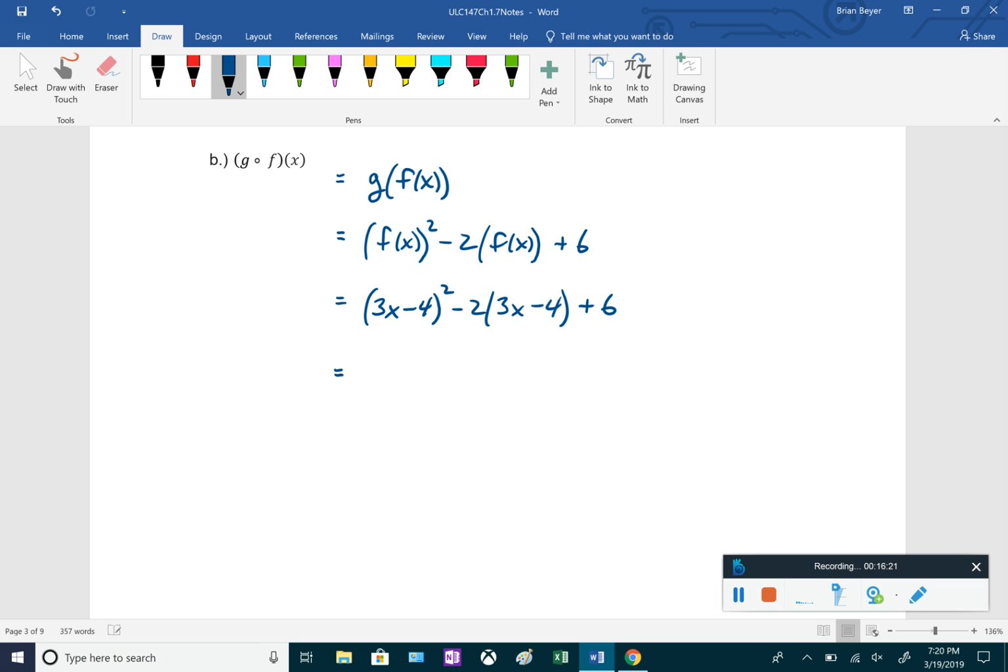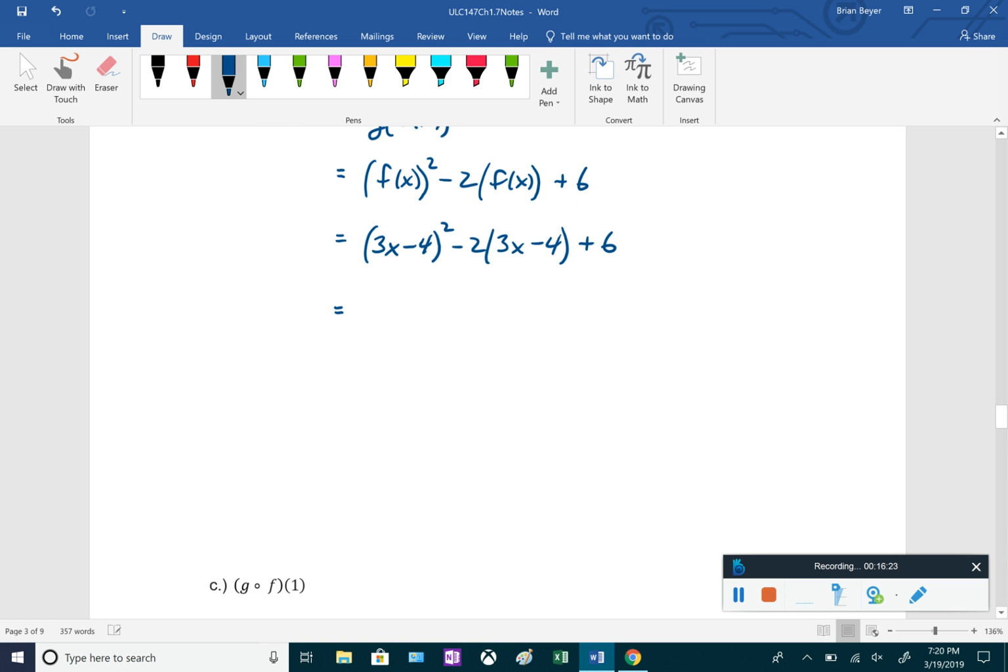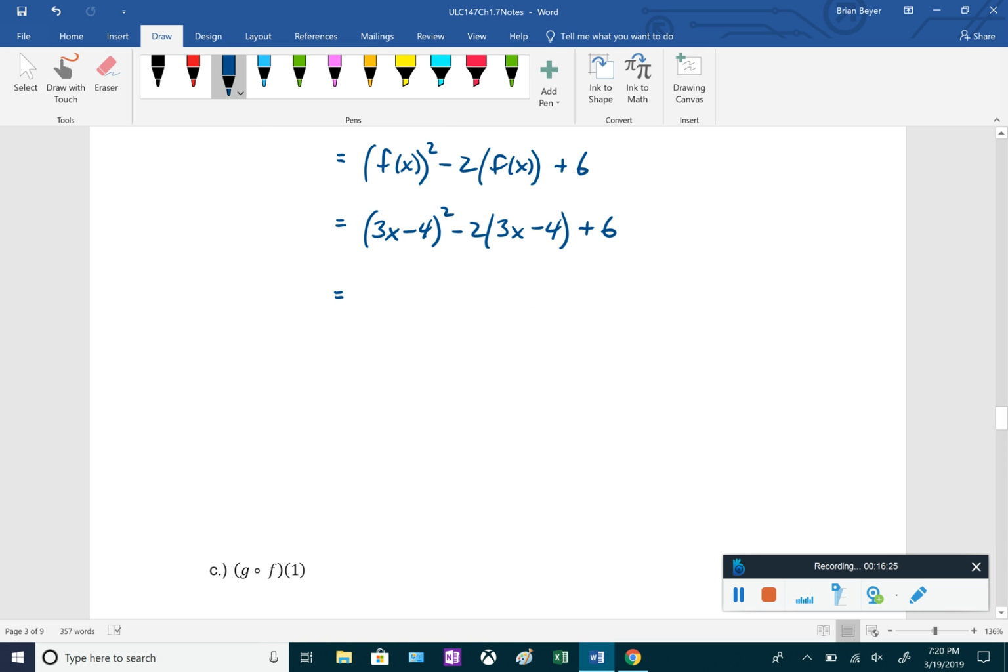So we have to simplify this. So 3x minus 4 squared, you would have to FOIL that on the side. 3x minus 4 times 3x minus 4. That's going to give us 9x squared minus 24x plus 16. I'm just going to show where that one came from. So that all comes from that. And then distribute that negative 2.